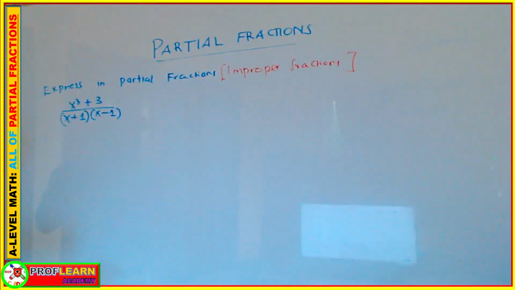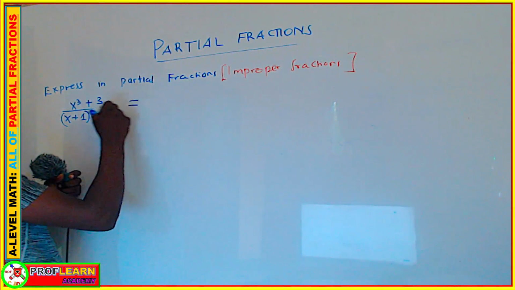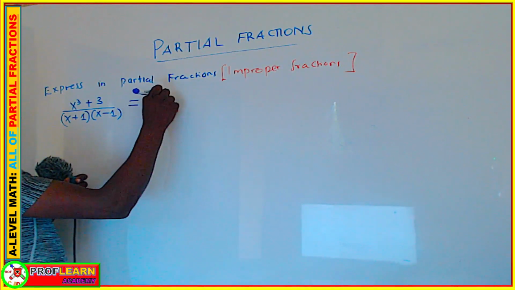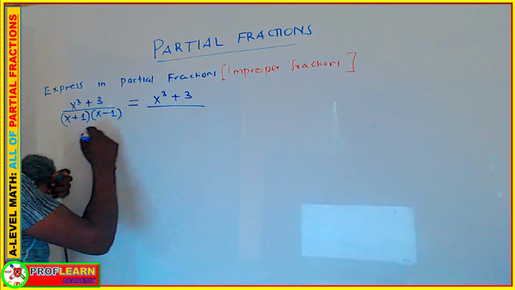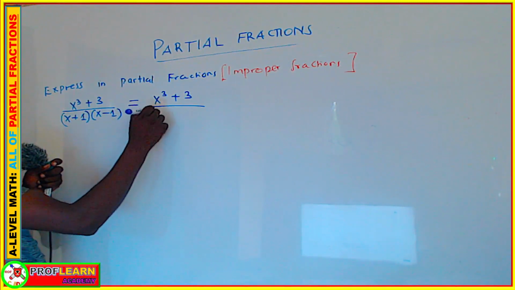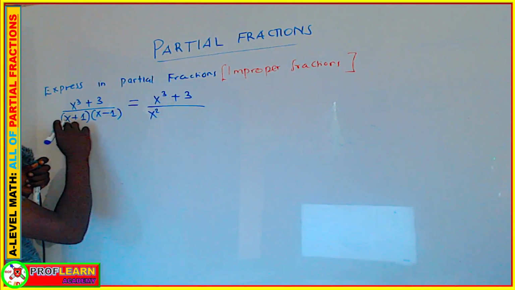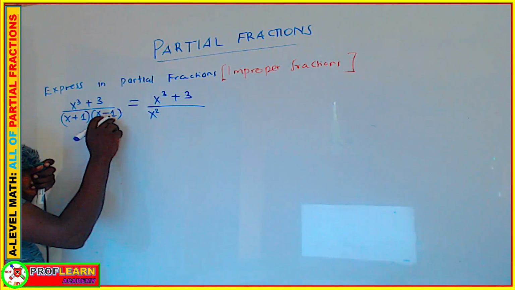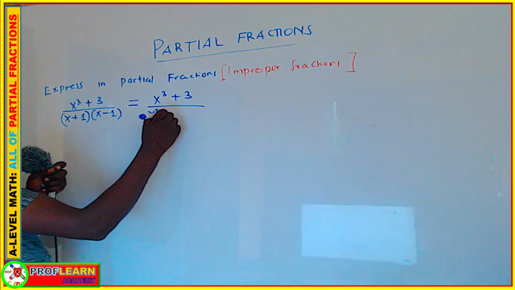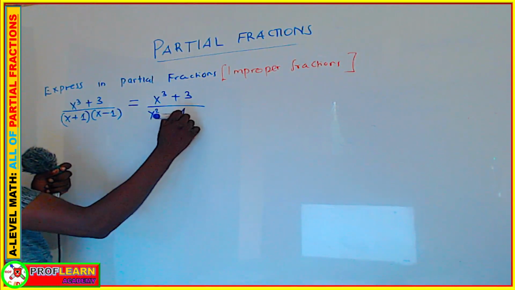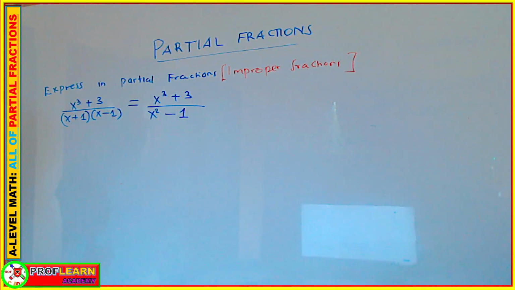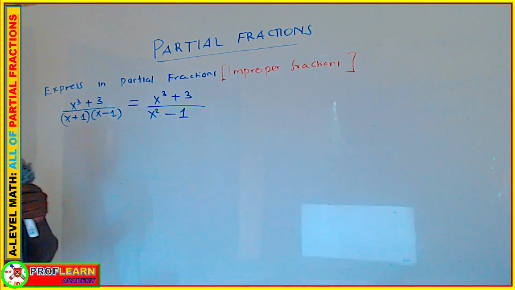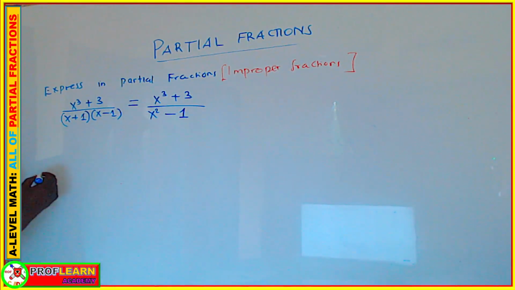Now, in order to reduce this first, something that we need to appreciate is that this expression can be x cubed plus 3 all over, if we expand this, x squared, x times minus 1, and this times this is going to be minus 1. So which will mean that we can use long division in order to simplify this.